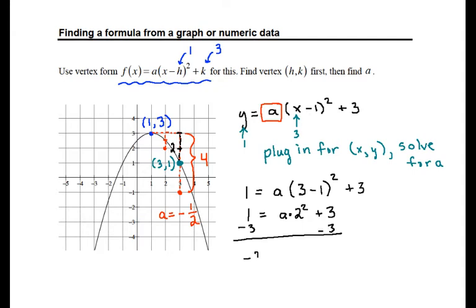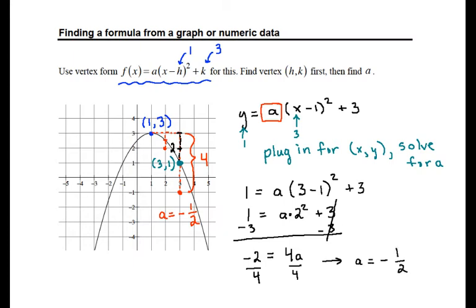We get negative 2 equals a times 2 squared, which is the same as 4a. Dividing both sides by 4, sure enough, I can see that exact negative 2 over 4 that I was seeing on the graph when I examined it. And this gets me that a is equal to negative 1/2.